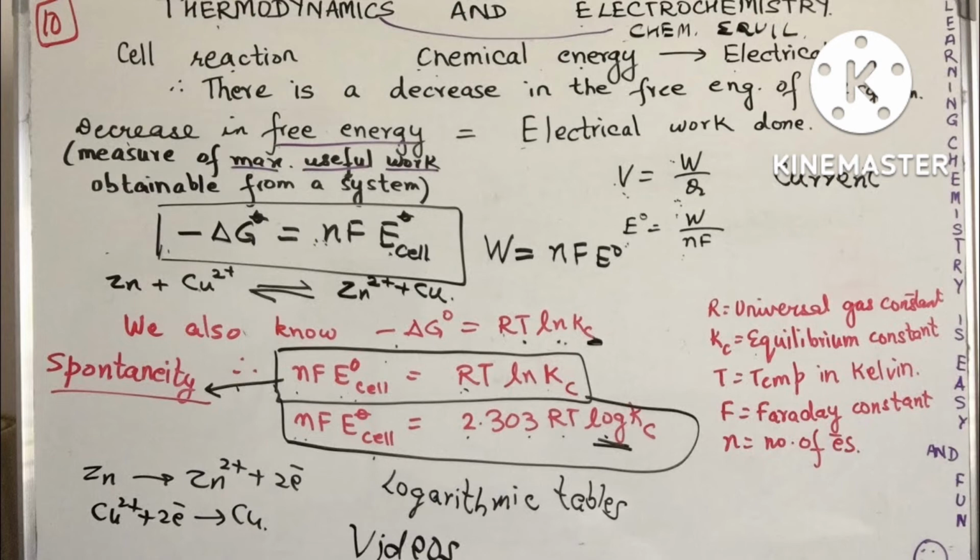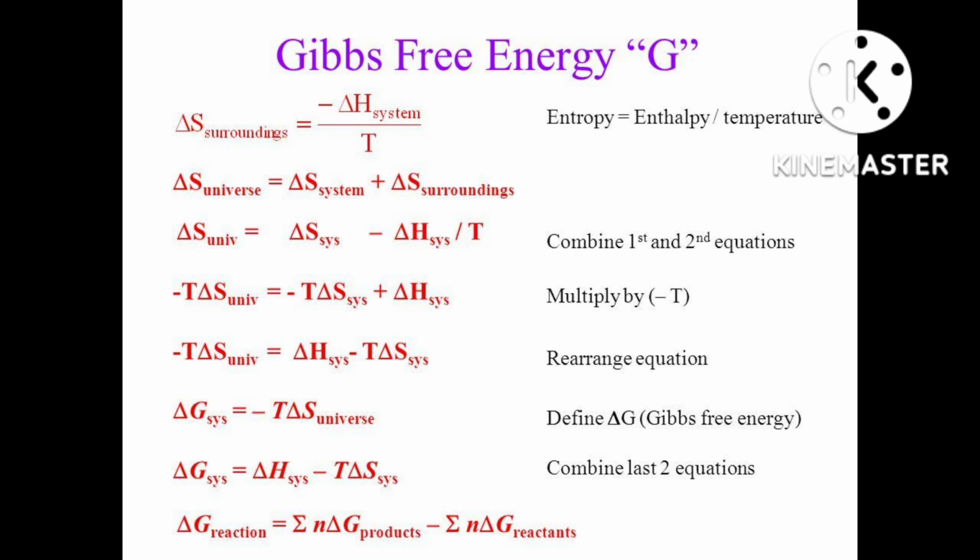The reaction is given: 2NH3 gaseous plus CO2 gaseous, in equilibrium with the product urea, NH2CONH2, in aqueous form, plus H2O.